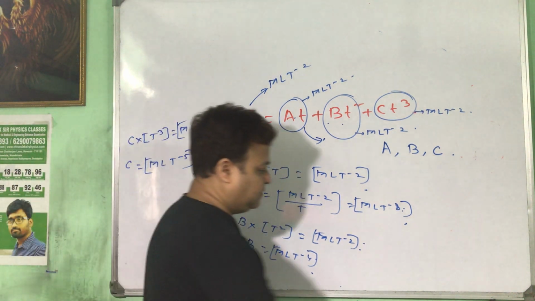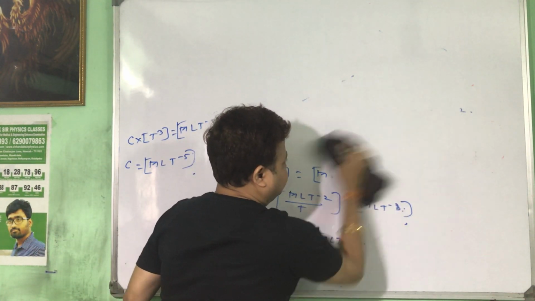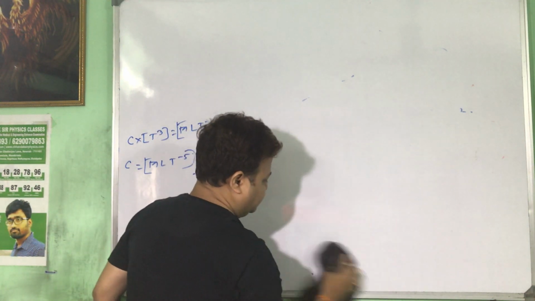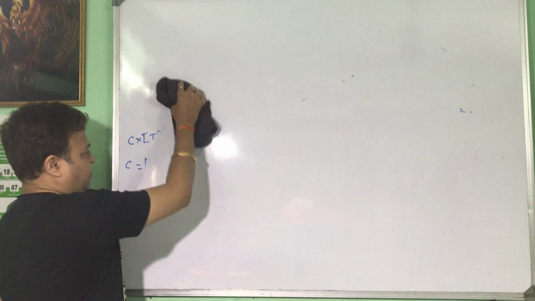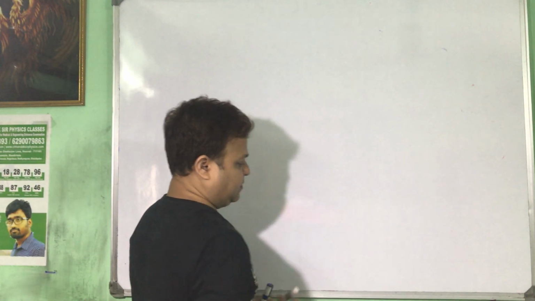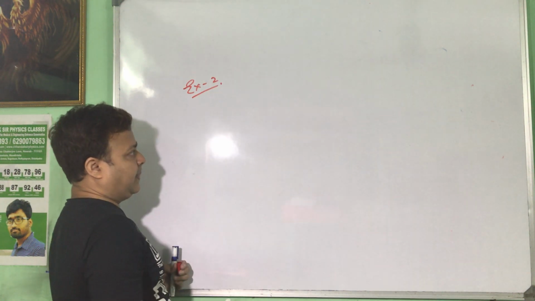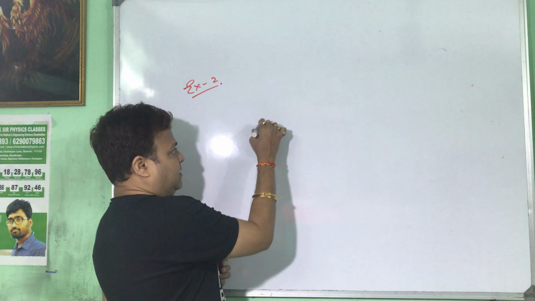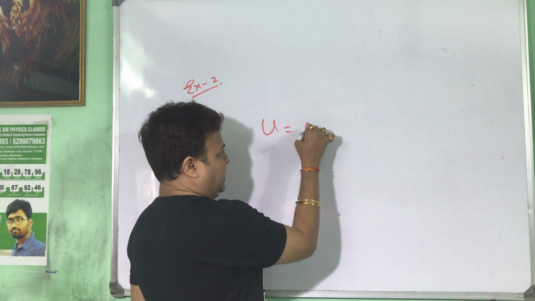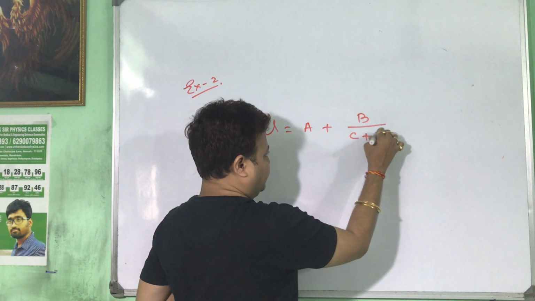Next, another example. Example number 2. U equal to A plus B divided by C plus small a.